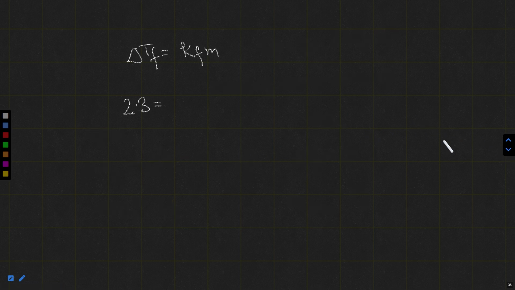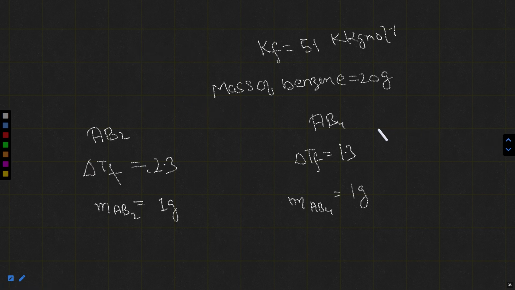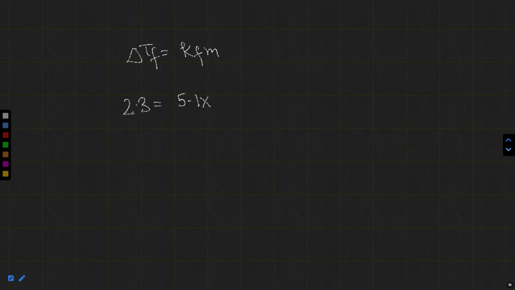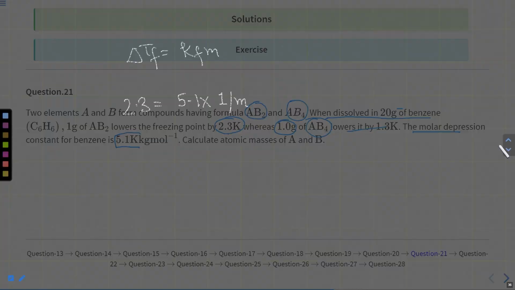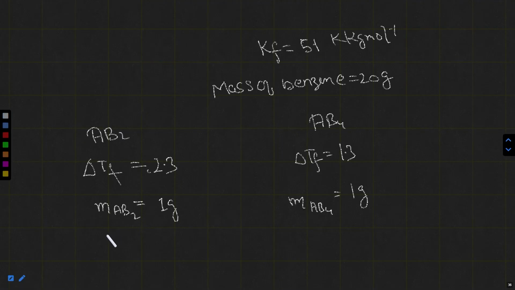It is 5.1. What about molality? It is the number of moles of AB2. Let us assume the molar mass of AB2 is M, so the number of moles would be 1 by M. Let us consider that the molar mass of AB2 is M AB2.